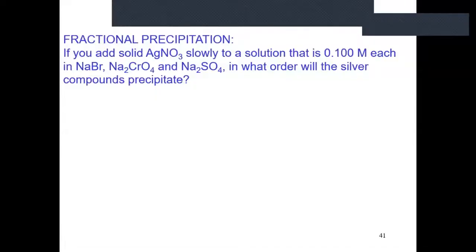So let's come back here to our PowerPoint, and we did this problem, and now we're gonna talk about, again, the common ion effect. Remember that? We talked about it when we built buffers.